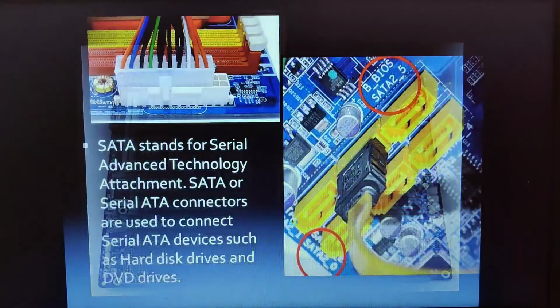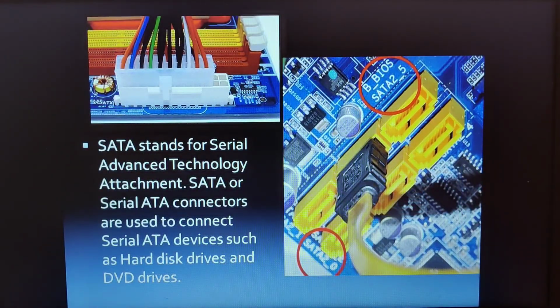Here you can see the SATA connectors. SATA stands for Serial Advanced Technology Attachment, and it helps you connect the hard disk drive and the DVD drives.